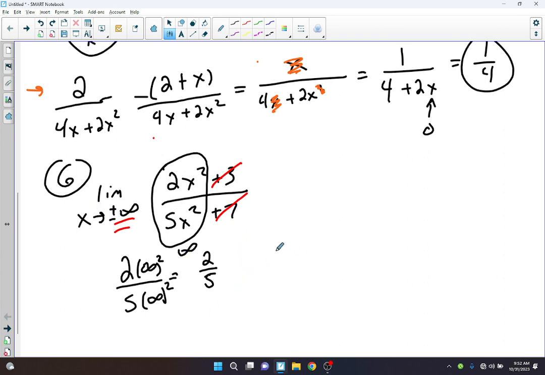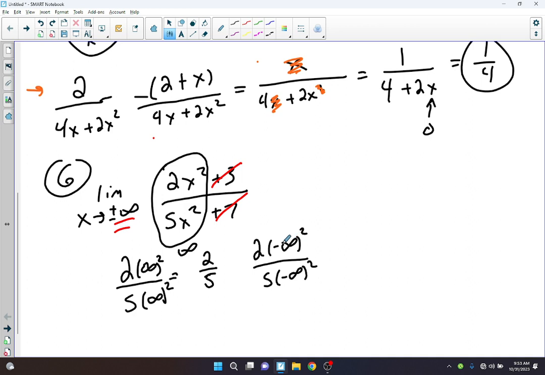If we're going to negative infinity, 2 times negative infinity squared. Because the powers were the same, they're the same. So negative infinity, just to keep in mind: this is negative infinity and negative infinity.